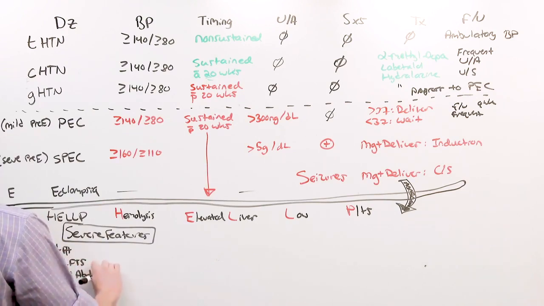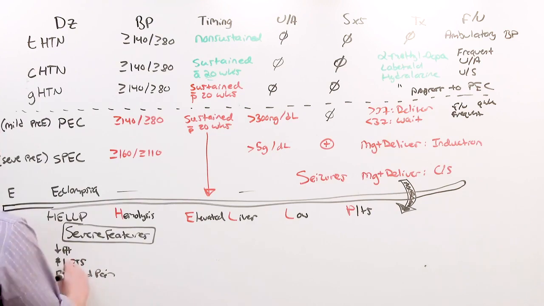This is caused by stretch of Glisson's capsule. As blood flow decreases to the liver, LFTs may double, and then the pain is because of the inflammation and the stretch of the capsule around the liver. Low platelets, elevated LFTs, and some hemolysis during pregnancy, you've got HELLP syndrome right there.